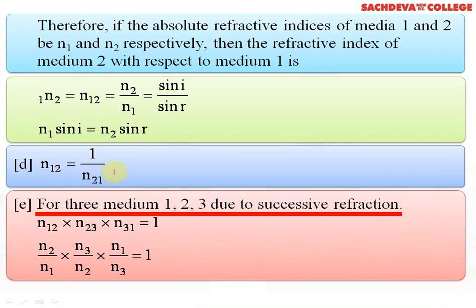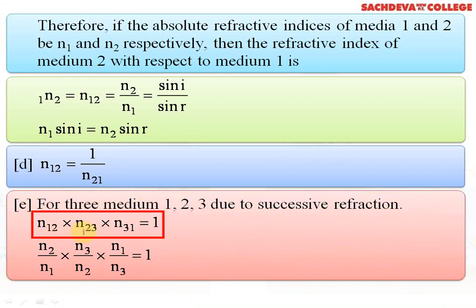For three media, 1, 2, 3, due to successive refraction, we can write an equation: N12, the refractive index of the second medium with respect to the first, multiplied by the refractive index of the third medium with respect to the second, multiplied by the refractive index of 1 with respect to 3, their product is taken as 1.